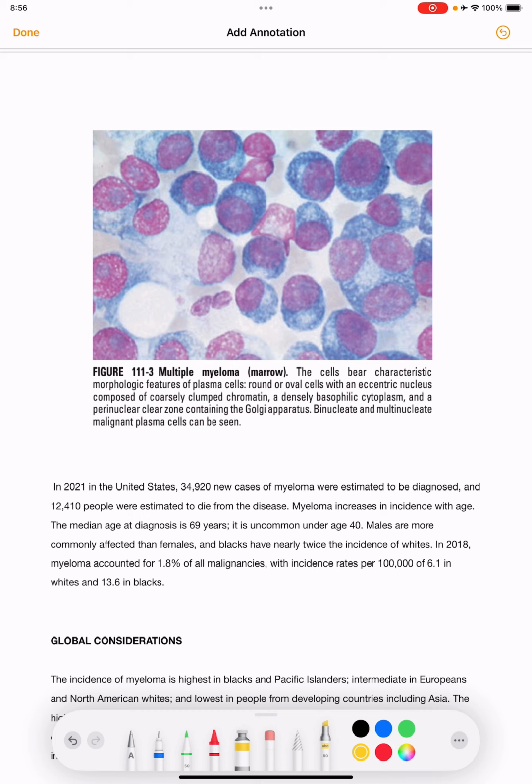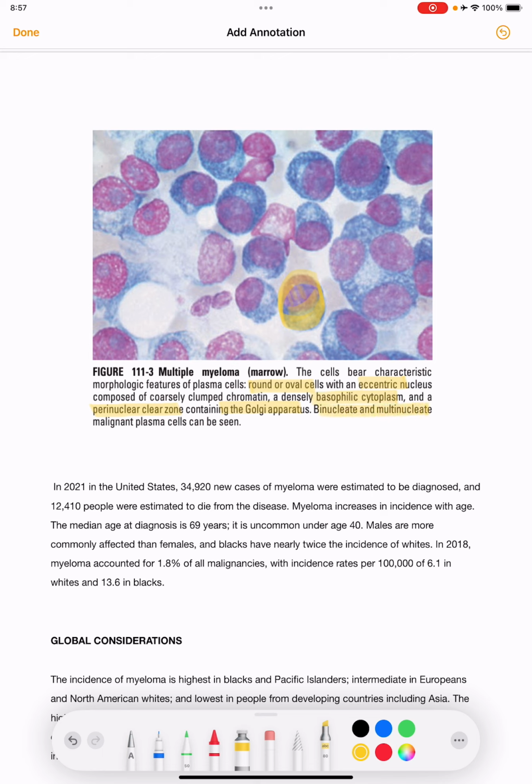These plasma cells are round or oval cells with an eccentric nucleus composed of coarsely clumped chromatin, a densely basophilic cytoplasm, and a perinuclear clear zone containing the Golgi apparatus.